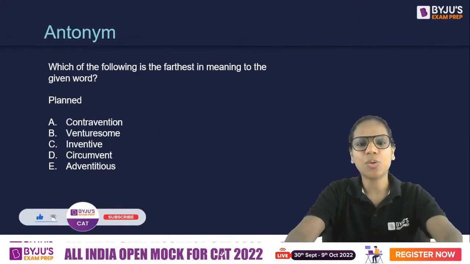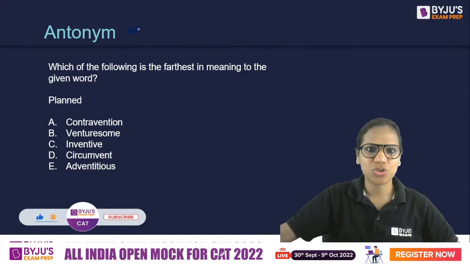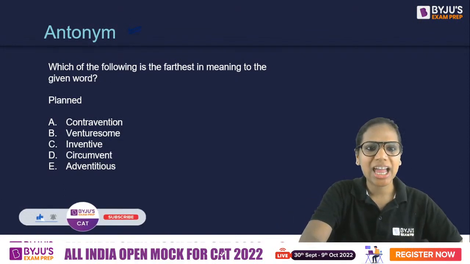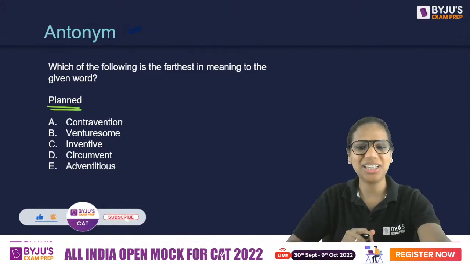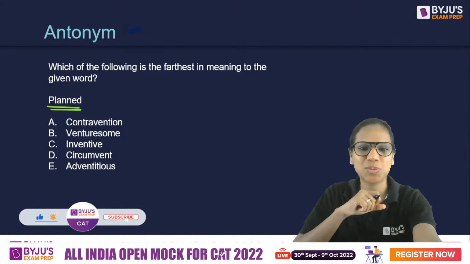Now, here's a question, an antonym question in front of your screen, and you have to tell me what is the correct antonym of this given word. Planned. And if you notice carefully, there is something that's common in all these words, something running through all these words. So we'll see what that means.